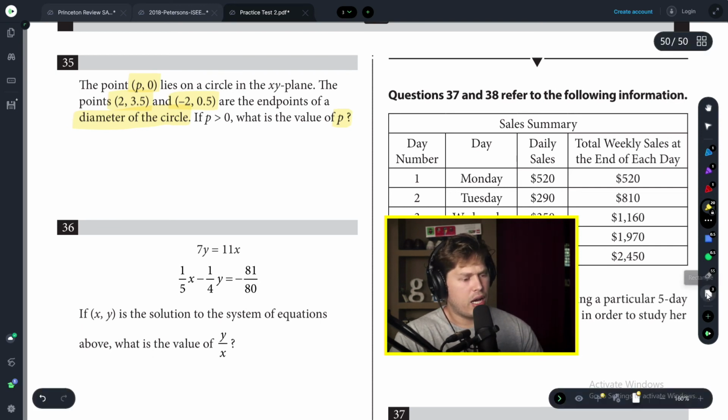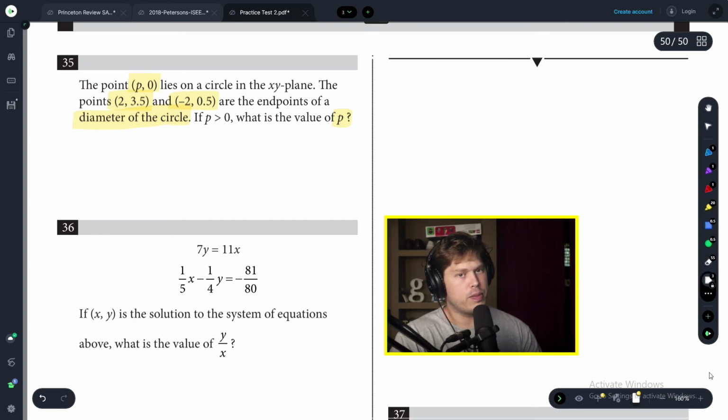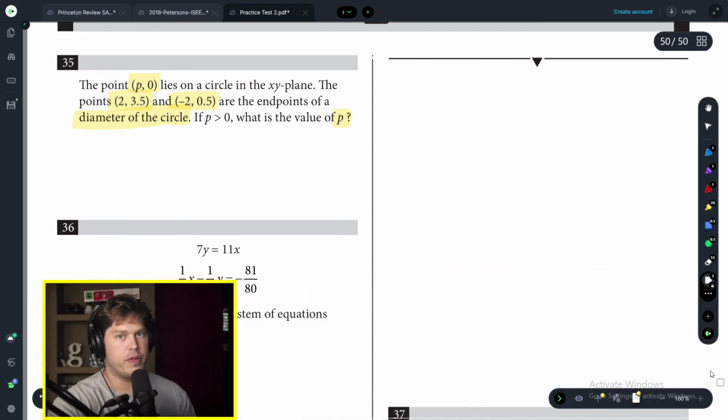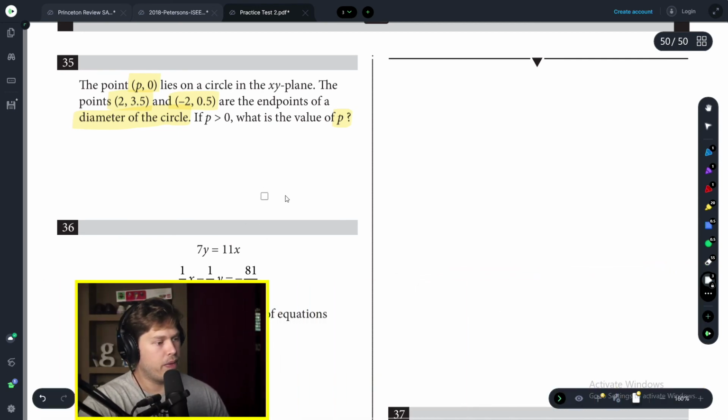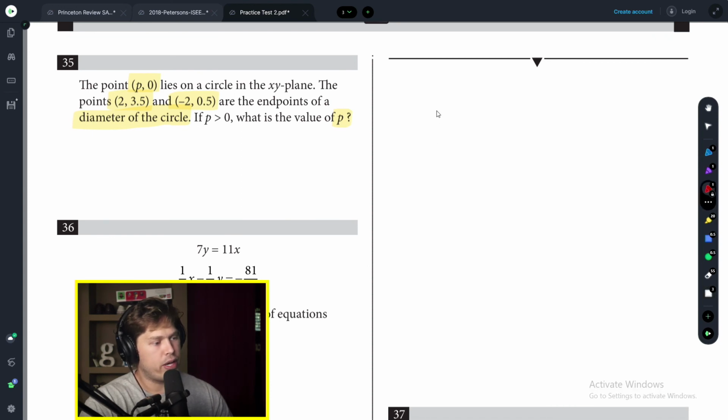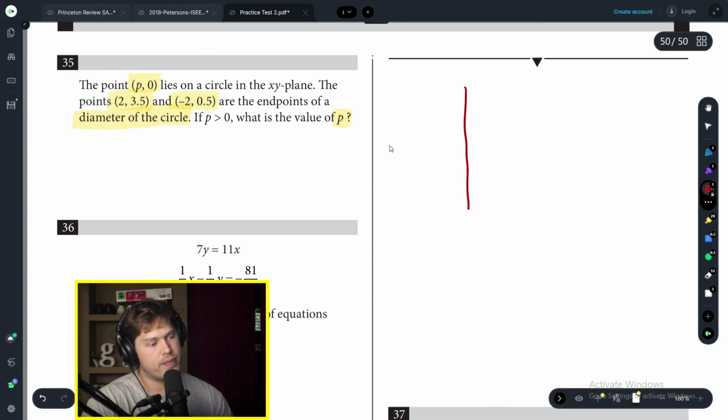So I'm going to cover this up and give us some more white space to solve this problem. I'm going to move down here. Firstly, I would want to draw a picture so I can see exactly what's happening. So let me draw my coordinate plane.